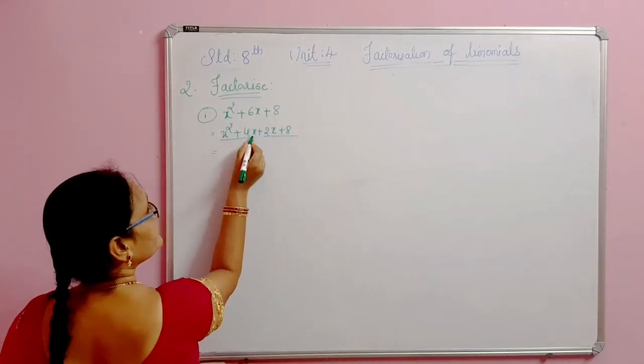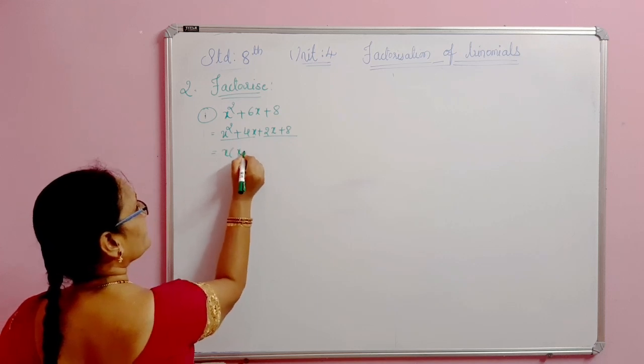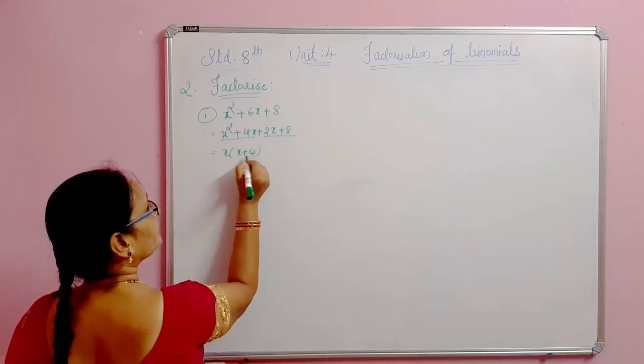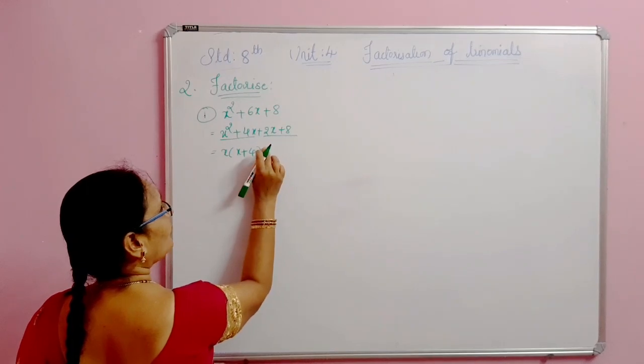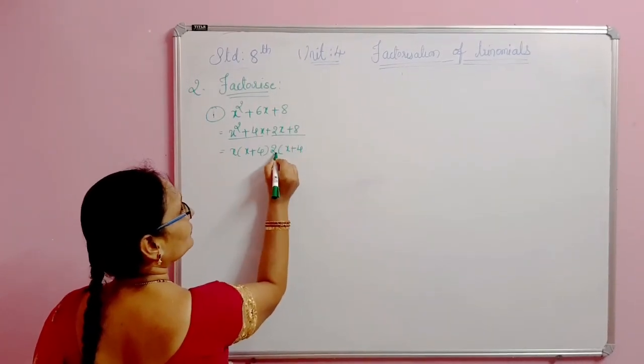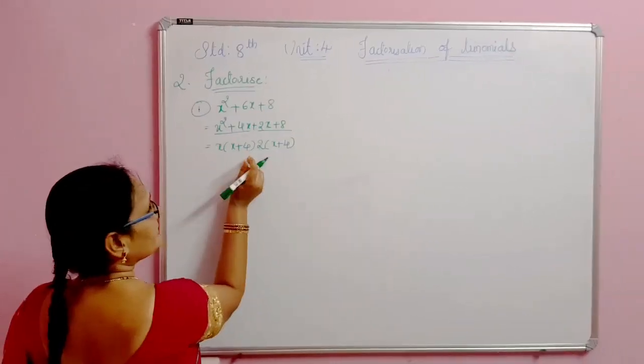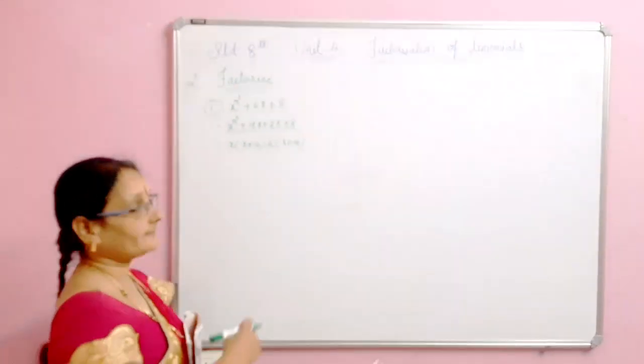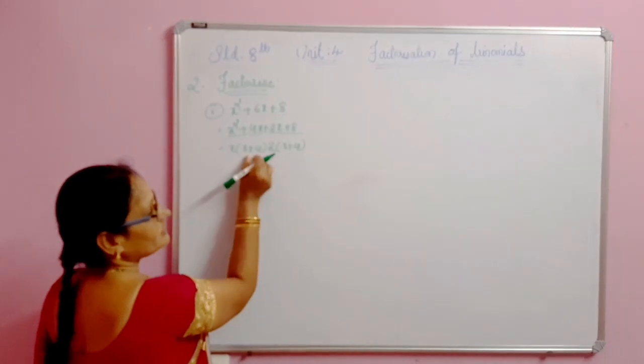Splitting is important here, along with the sign. So now in this, see, x is common here. x plus 4. Then 2 is common. x plus 4. How? 2 4s are 8. See, one thing you have to observe here. Both of the brackets should be the same.